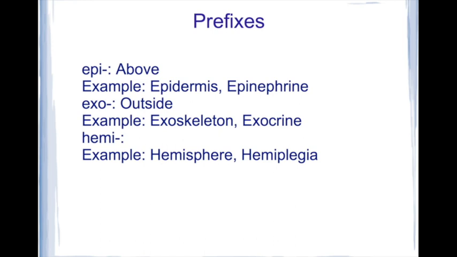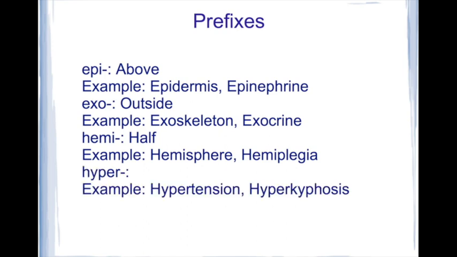We have a left hemisphere, a right hemisphere. Hemiplegia is when one half of the body is paralyzed, either the left side or the right side. Something like a stroke could cause hemiplegia. Okay, hemi means half. Hyper, like hypertension, or hyperkyphosis. So I know a lot of people think hyper, a lot of energy, right?